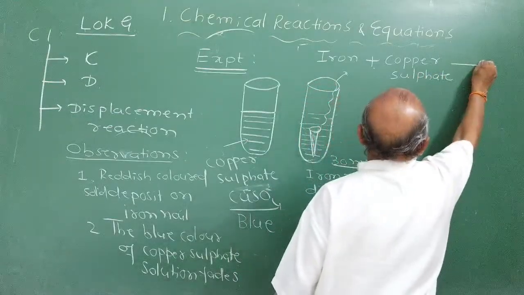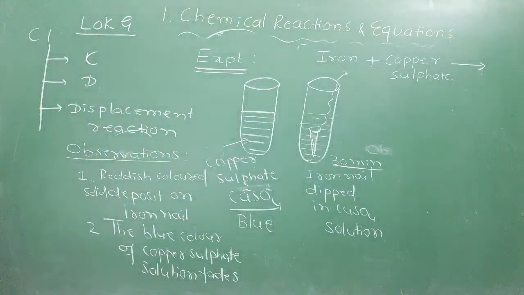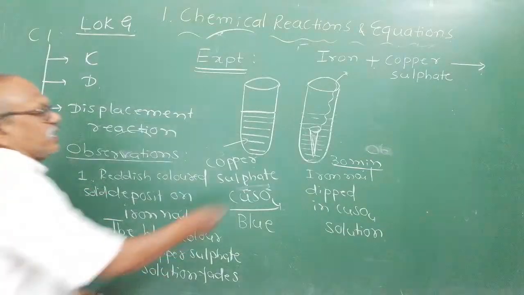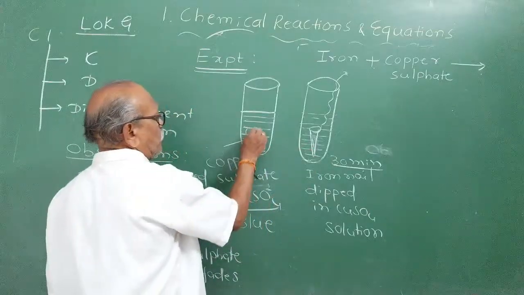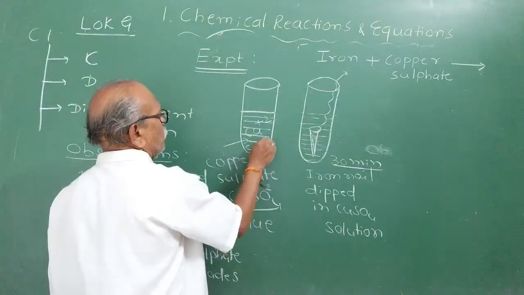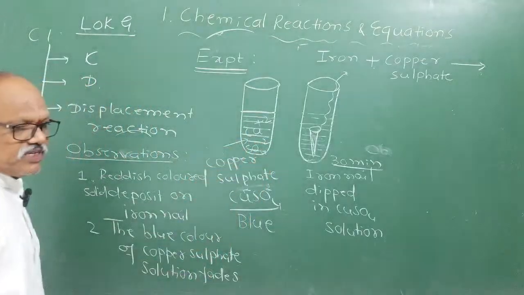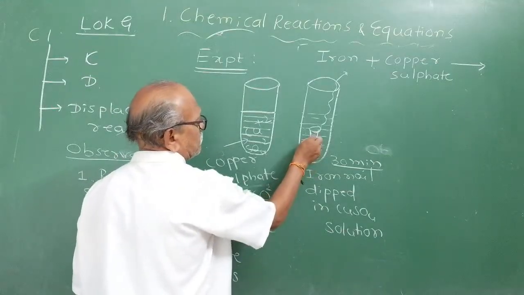Now you must write the products here. What happens is very important. These observations show that when the iron nail is dipped in copper sulfate solution, there are two ions, Cu plus 2 ion and SO4 minus 2 ion. Copper will be deposited on the nail.